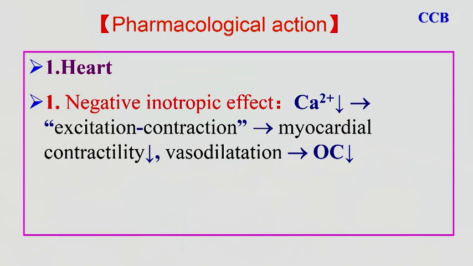Because we know calcium plays a very important role in excitation-contraction coupling, and we inhibit the calcium channel, so calcium is reduced and the myocardial contractility is reduced, and then oxygen consumption is reduced.